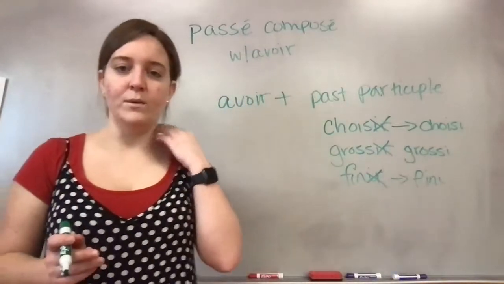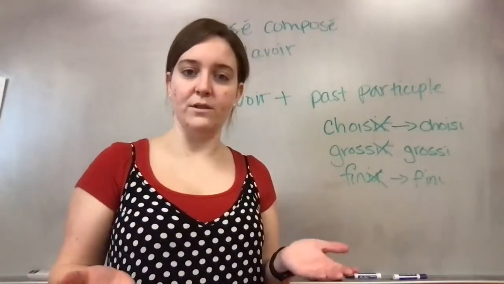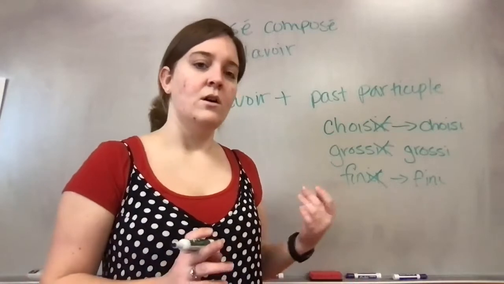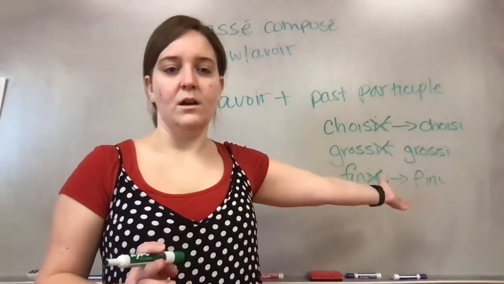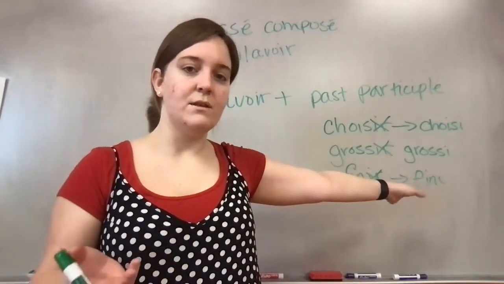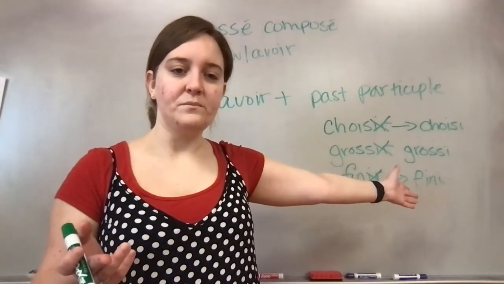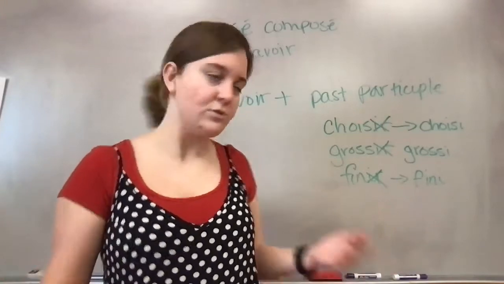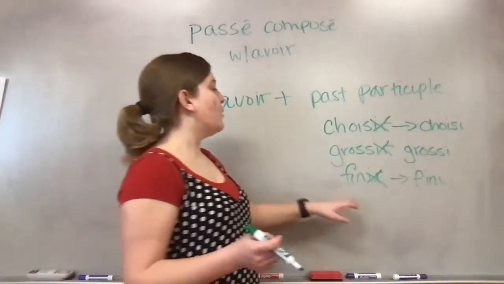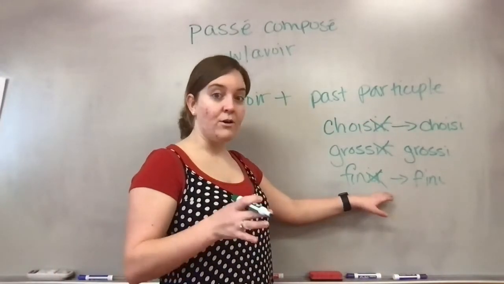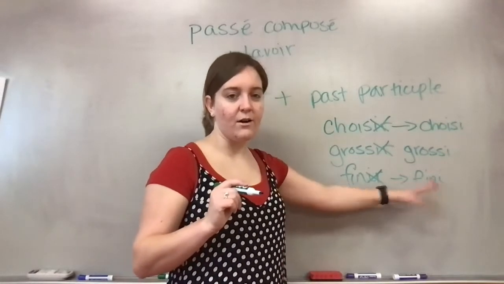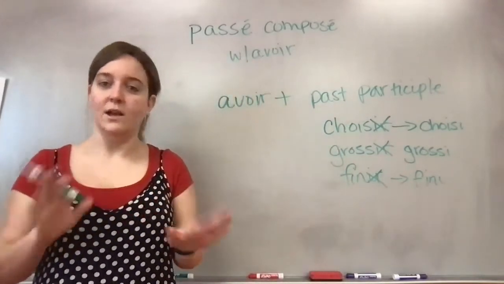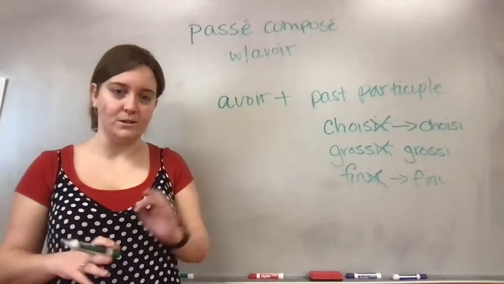You guys may have heard me in class say, tu es fini, tu as fini, or vous êtes fini, vous avez fini. And that is me using the past tense. Are you finished? Have you finished? All right. So for IR verbs, you take off the IR, add an I at the end, and it follows the same pattern for past participles.